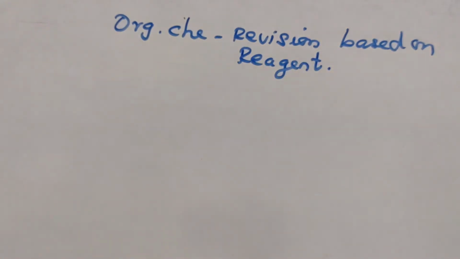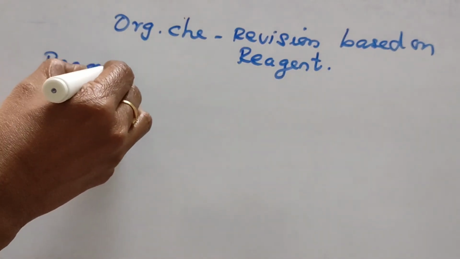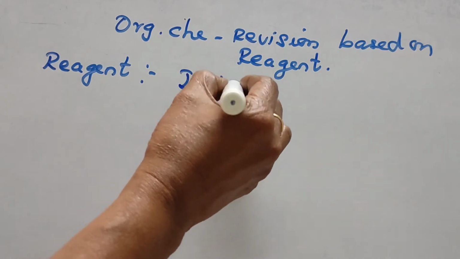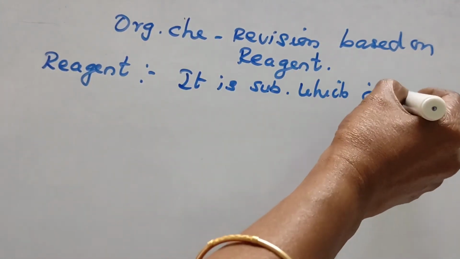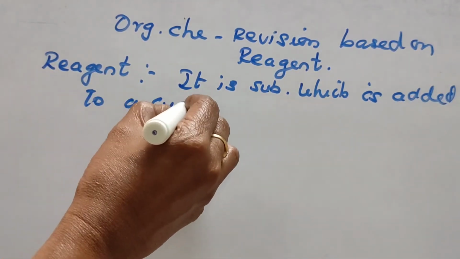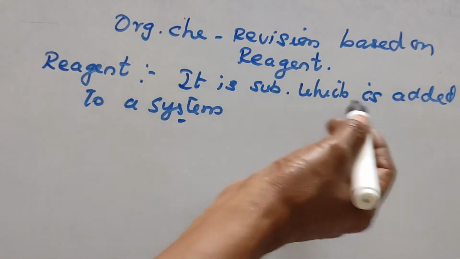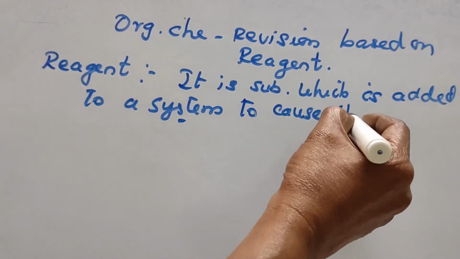You would have known already what is a reagent, but we will recall it. A reagent is a substance which is added to a system. System means here the place where chemical reactions take place. It is a substance which is added to a system to cause a chemical reaction.